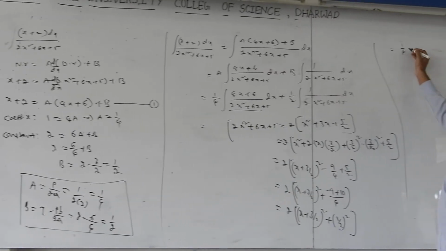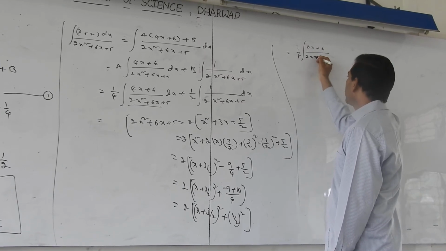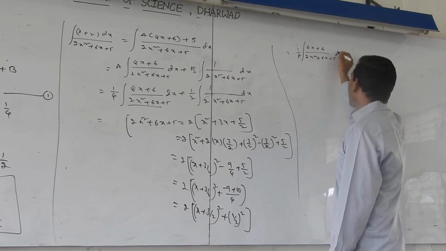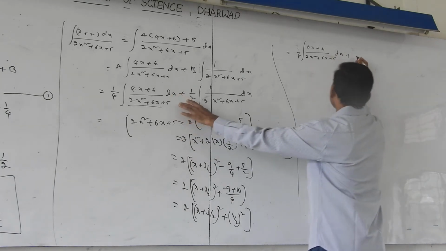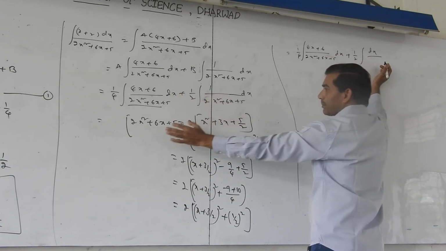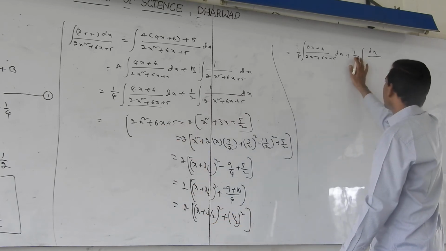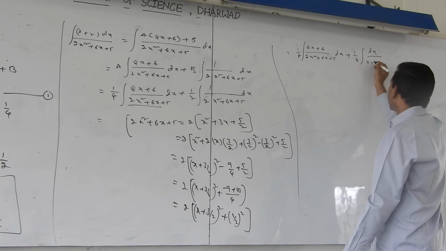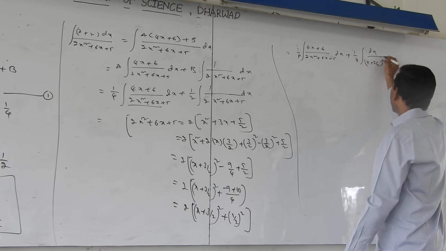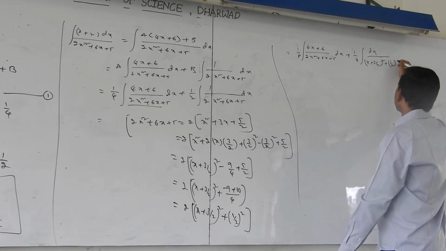1 by 4 integration of 4x plus 6 by 2x square plus 6x plus 5 dx plus integration of 1 by 2 dx by 2x square plus 6x plus 5 is equal to, the 2 comes here, 4. Tell me, x plus 3 by 2 whole square plus 1 by 2 whole square.